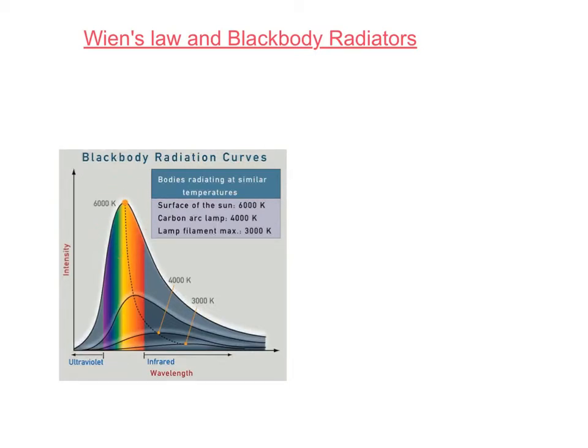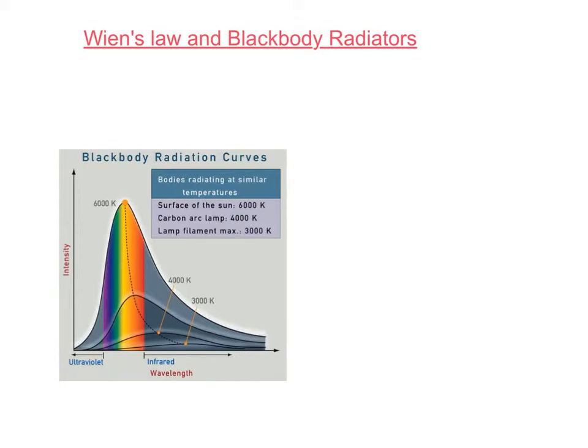This means that each of these black body objects will appear a slightly different colour due to the wavelengths that they are emitting. Interestingly, we have an inverse relationship between the temperature and the wavelength. So as my temperature increases, we actually see that the maximum intensity wavelength along here is getting smaller.